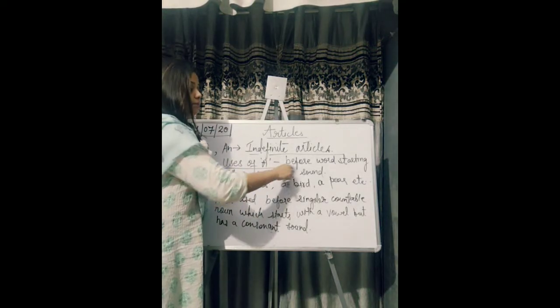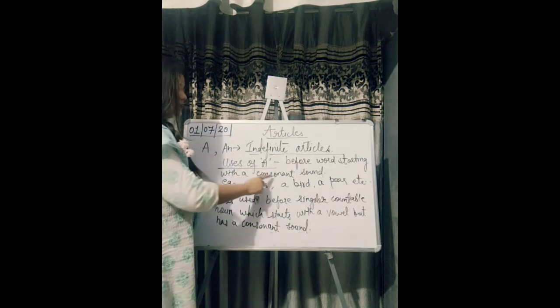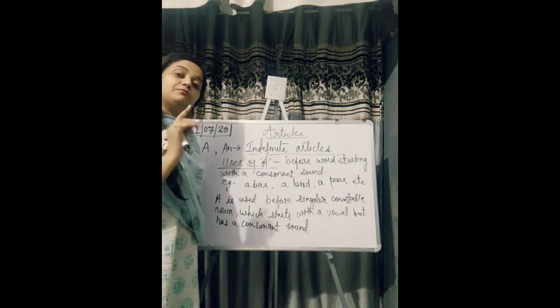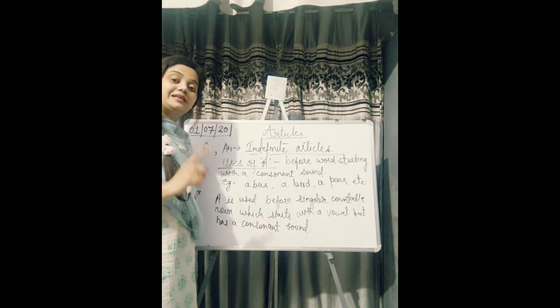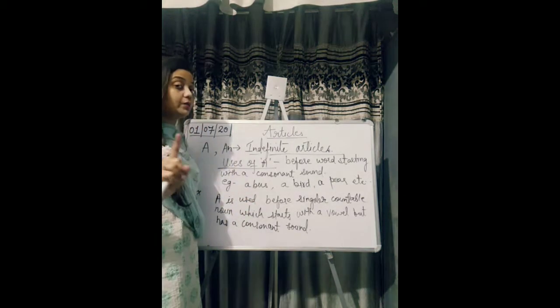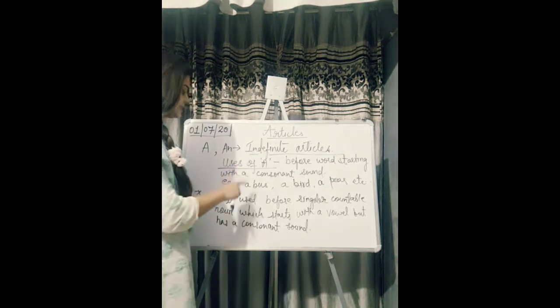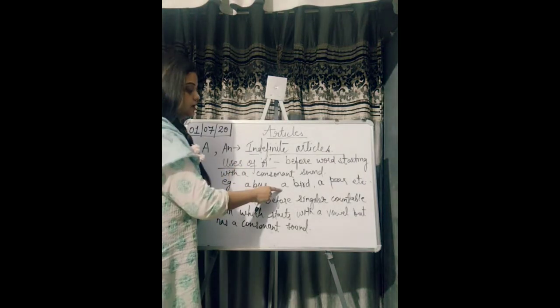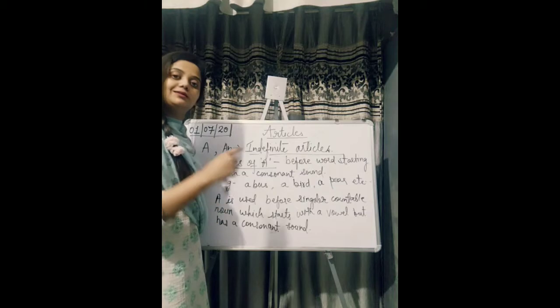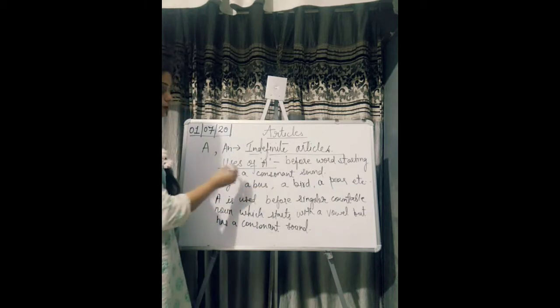We use a before a word starting with a consonant sound. I have already told you that we use a before a noun that starts with a consonant sound and not with the spelling. I'm telling you again. For example, a bus, a bird, a pear. All have a consonant sound, right? So we use a.